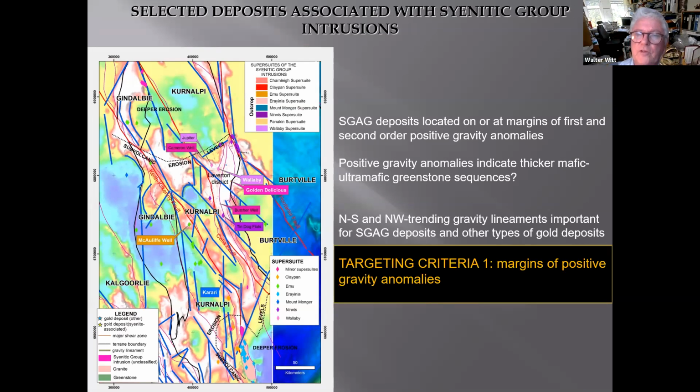Presumably, these gravity anomalies indicate thicker mafic ultramafic greenstones. And the deposits show an association, particularly with north-south and northwest trending gravity lineaments. So this effectively establishes our first targeting criteria, that the SGEG deposits occur on the margins of positive gravity anomalies.